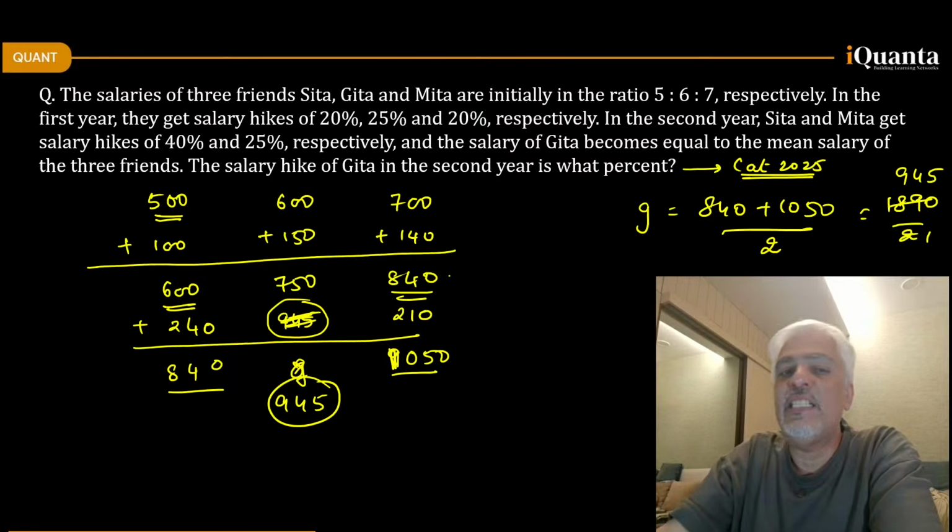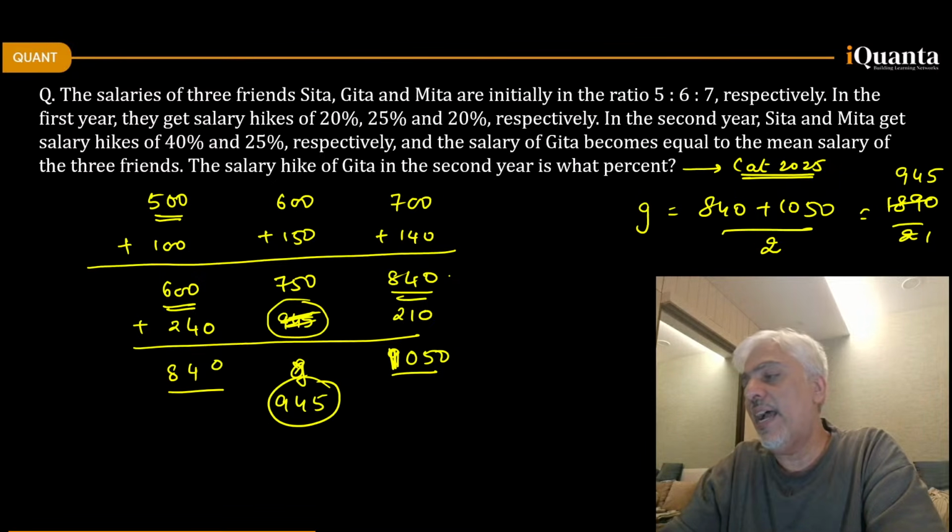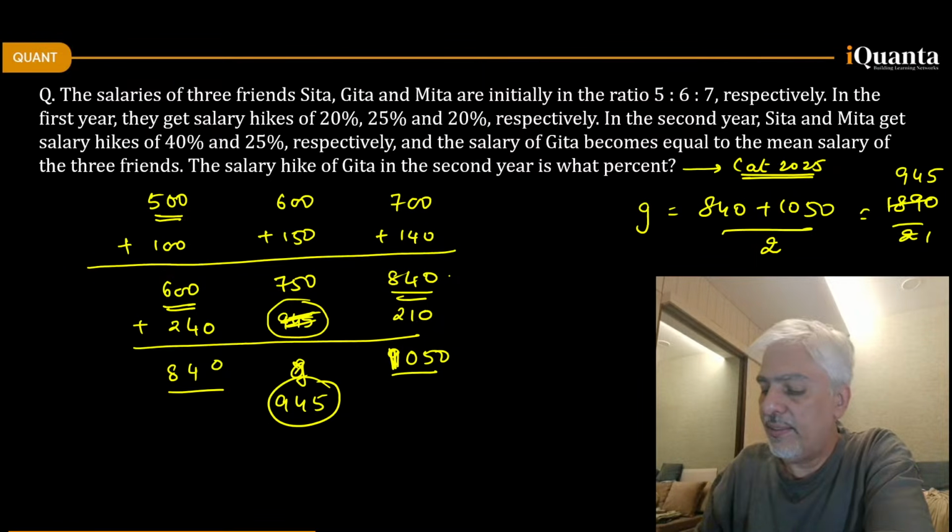And what is the percentage? Now you can use a calculator if you want. 195 divided by 750 into 100 comes out to be exactly 26%. I don't know why people were getting decimal answers. It comes out to be exactly 26%.